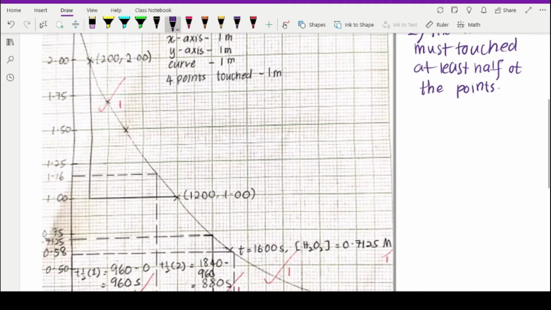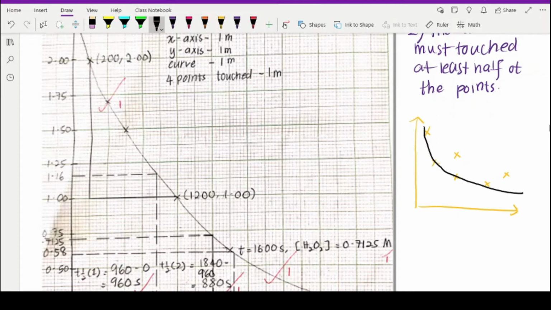What I'm trying to say is that let's say we've got 1, 2, 3, 4, 5, 6 points in our graph. So at least your curve must touch 3 of the points. Okay, so for example 1, 2, 3.